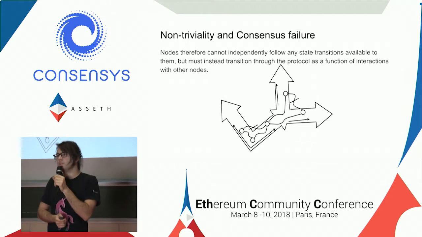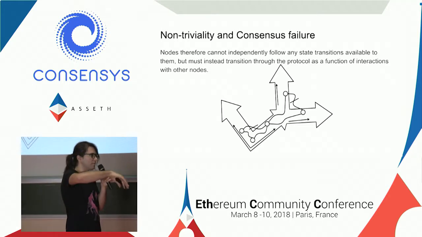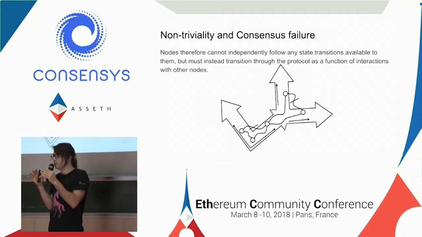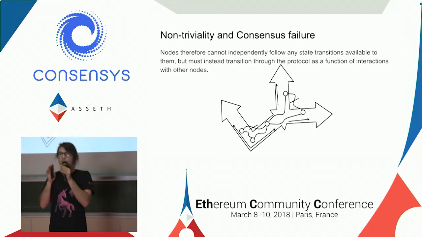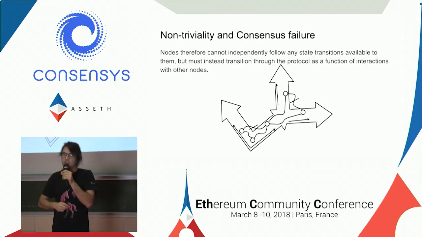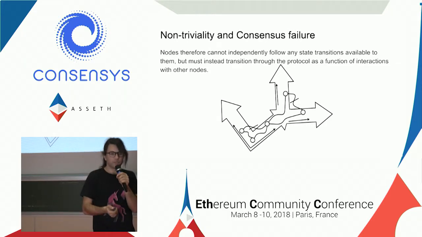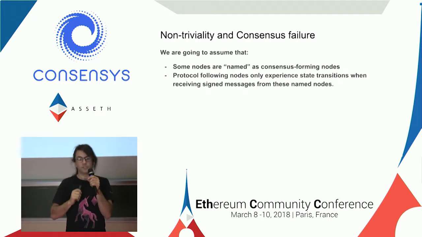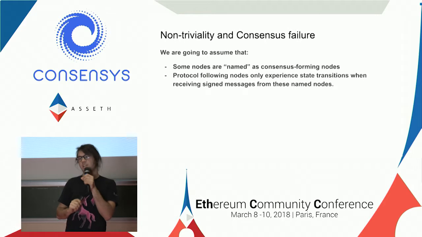We need to somehow have some kind of signal in common, some kind of interaction, in order to make sure that we're making consistent choices in this environment where we have mutually exclusive outcomes. So we're going to assume that we have named nodes that can send us messages that are signed.